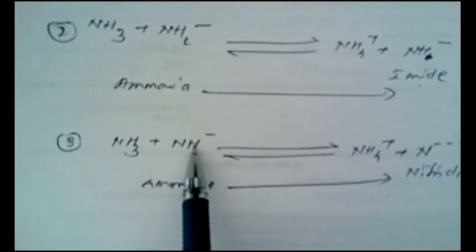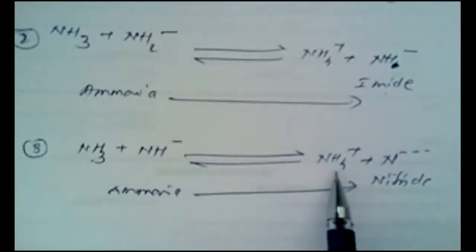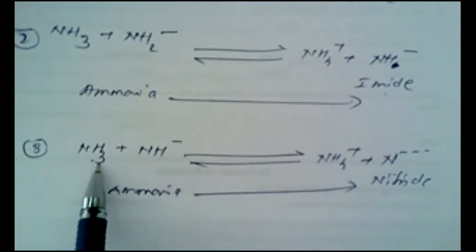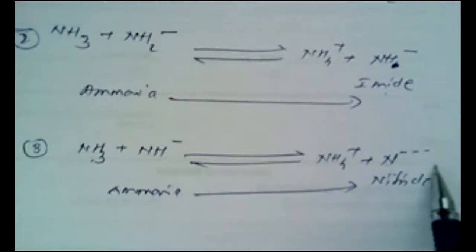And the already formed imide NH minus again reacts with liquid ammonia so as to form NH4 plus. How is this NH4 plus formed? One of the hydrogens is given by this imide to form NH4 plus, that is the ammonium ion. So the remaining part is N3 minus, known as a nitride.